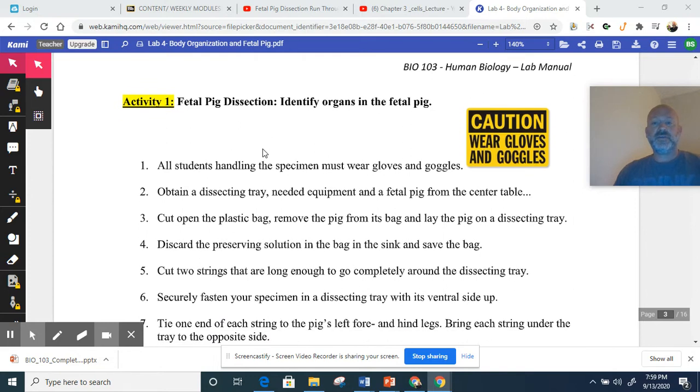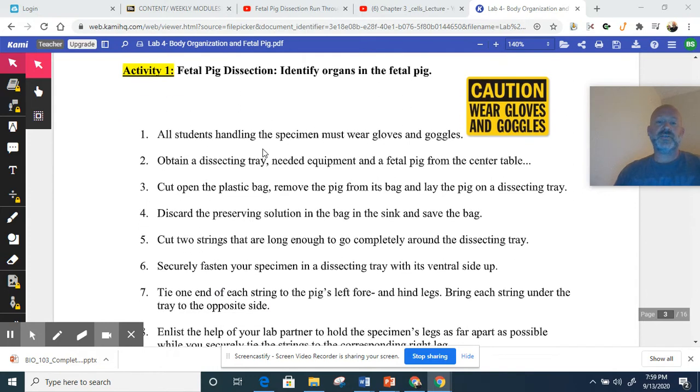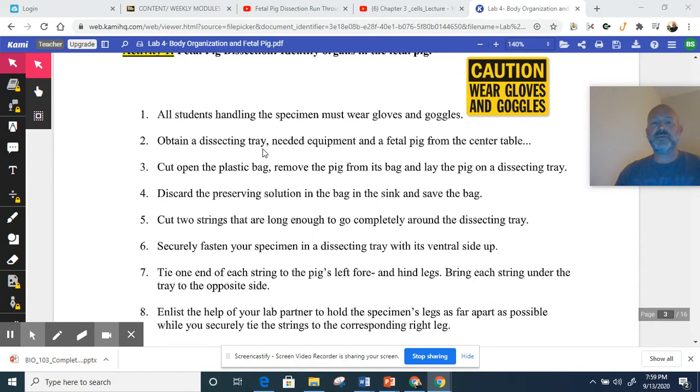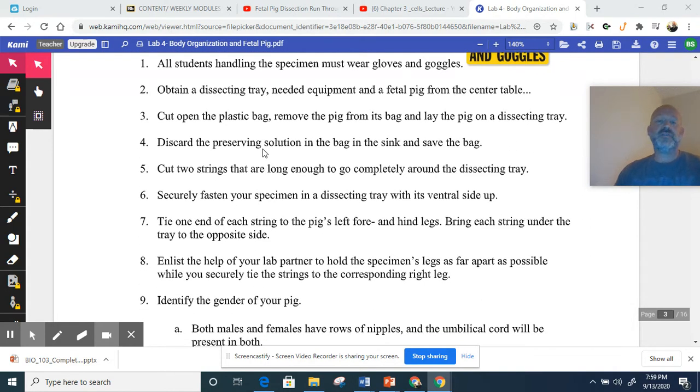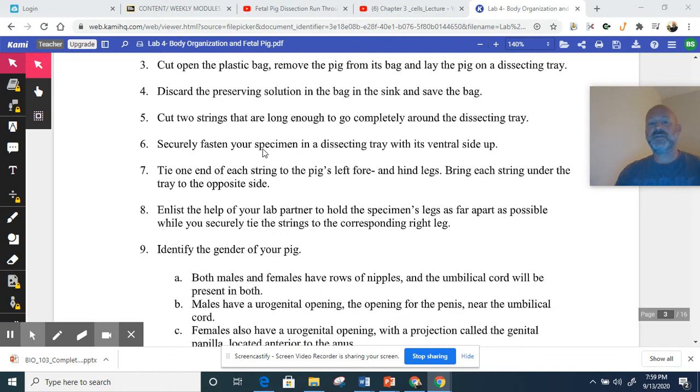And then there are safety warnings. Of course, wear gloves, and clean everything after you're done with it. It shows you what to do with the parts. After you're done, you would put it back in the plastic bag. Any loose parts would go in a bucket that we have in the lab.